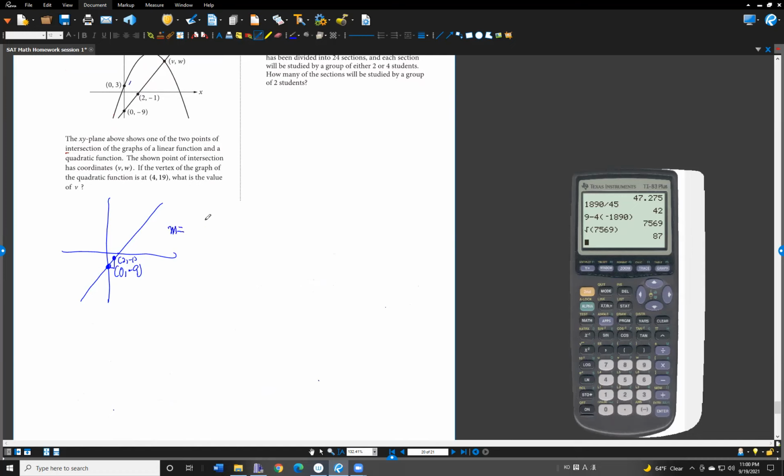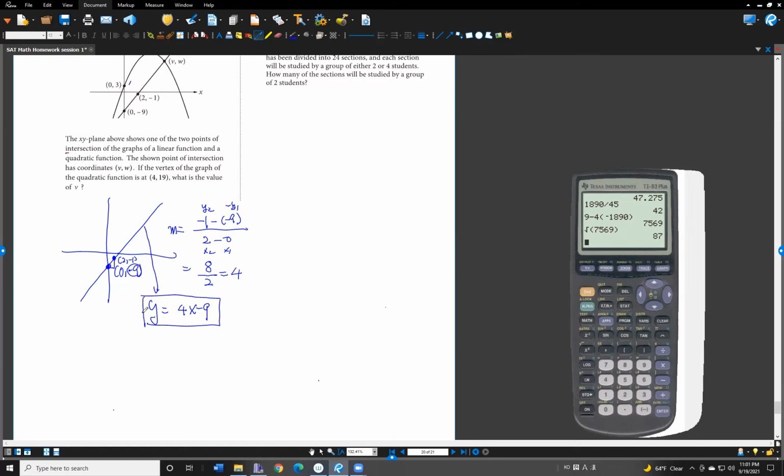What's the slope? -1 minus -9, okay? y2 minus y1 over x2 minus x1, which is 2 minus 0. So the numerator is 9 minus 1, which is 8. Positive 8 over 2 is what? Slope is 4. And we have already got the y-intercept is -9. The equation of this line is y equals 4x minus 9.